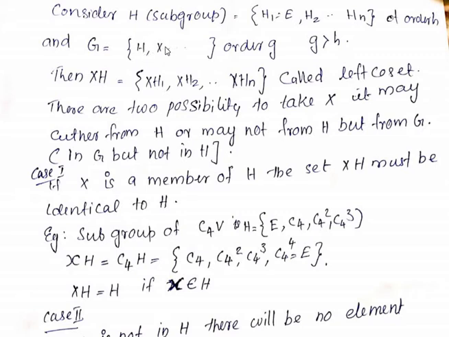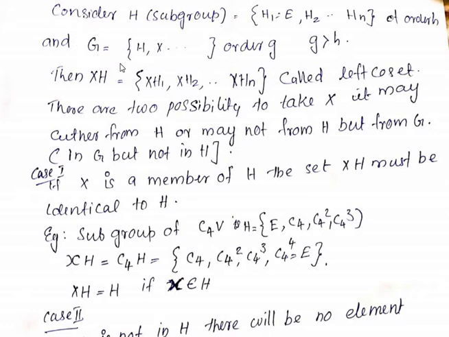Here we write h into x. H is the subgroup, it has this many elements, so G can be written as h, x, y, etc. So x can be taken in two ways: we can take x from this subgroup, or we can take x from G.